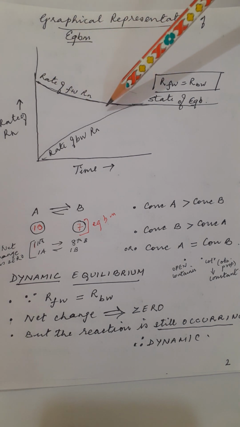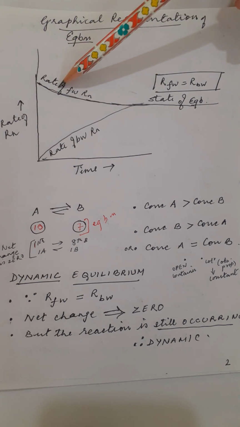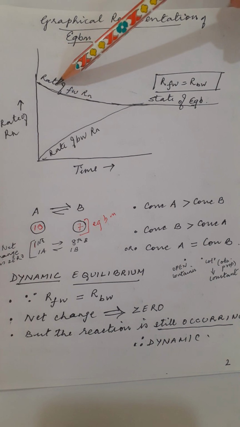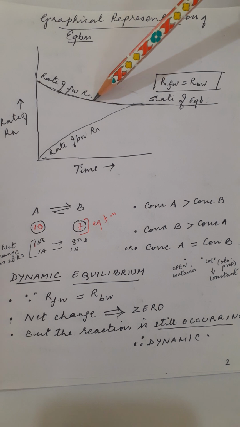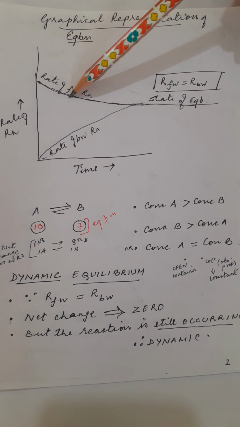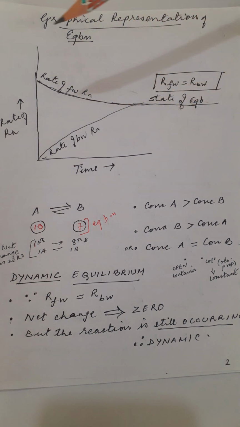As time progresses, the amount of the reactant is consumed because it is getting converted into the product, and since the raw material for conversion of the reactant to product is becoming less, you can see a dip in the curve for the rate of the forward reaction.